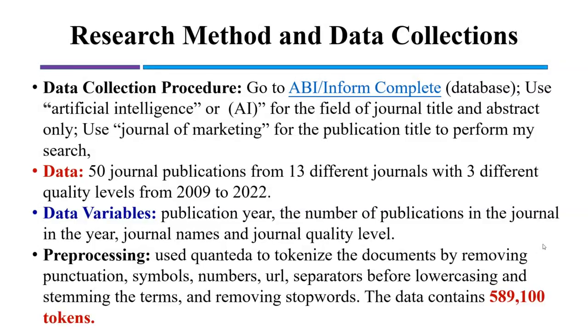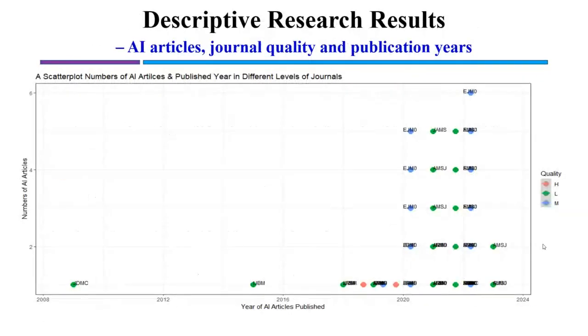I think there's only one top journal, I believe 5 from medium level, and the rest are lower level. And like what I mentioned, after I clean, I end up with 600,000 tokens I can use.